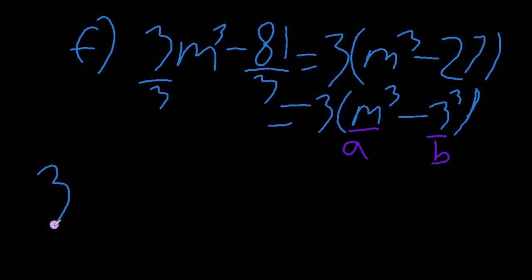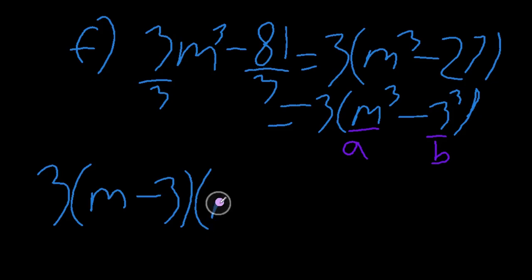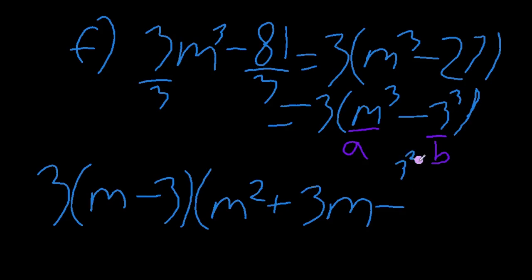So I'll write the 3 out in front, the one we factored out, and then I'll write m minus 3 times a squared, so m squared, plus, so remember it's same opposite, then it's ab, so 3m, minus, and I'm supposed to write b squared, so 3 squared, which is 9. That will be my final answer.